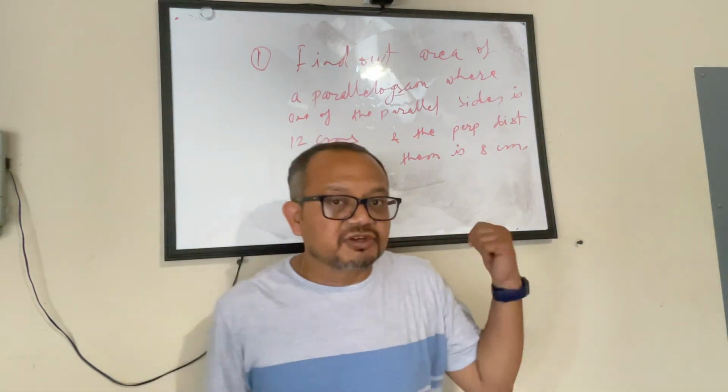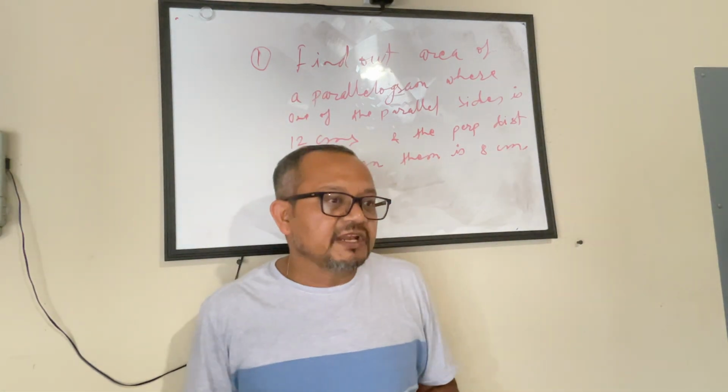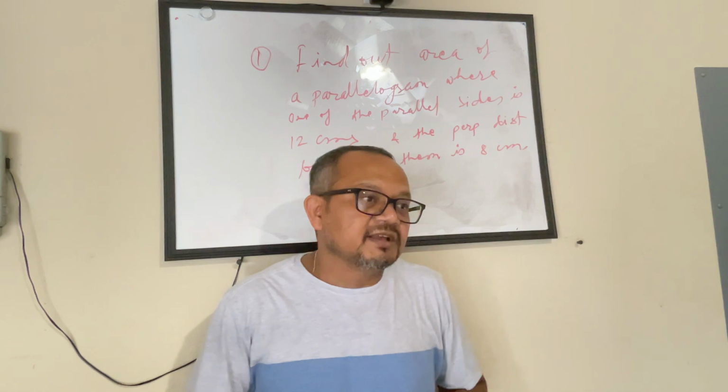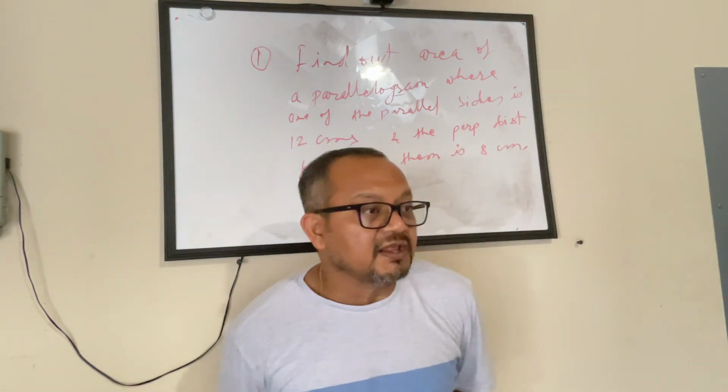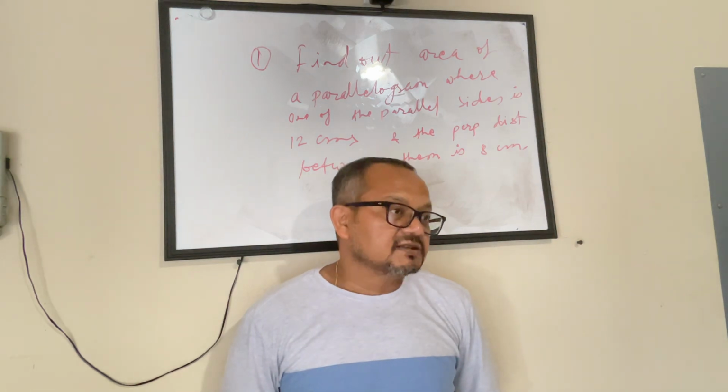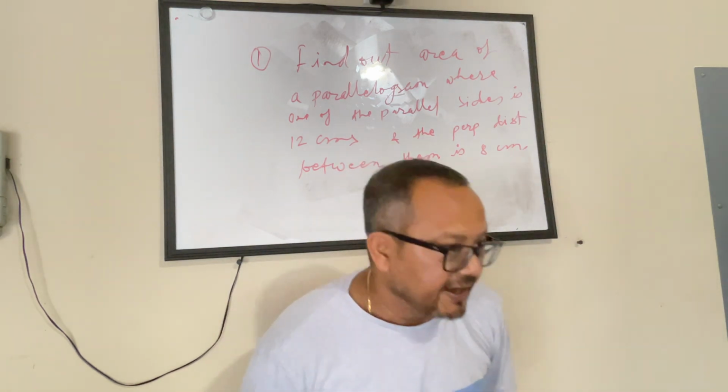So I'm just reading the question for you guys. Find out the area of a parallelogram where the base is 12 centimeter and the perpendicular distance between the parallel sides is 8 centimeters.